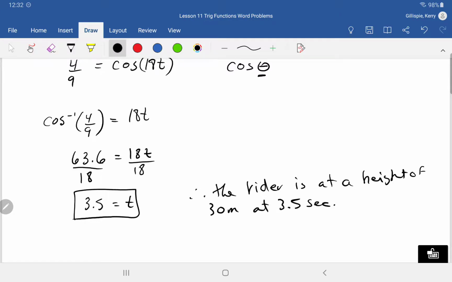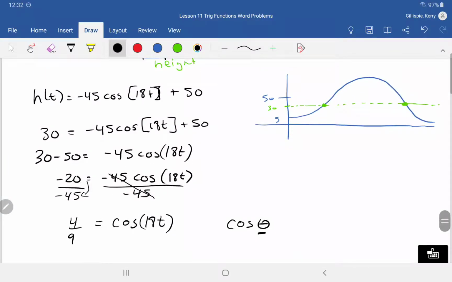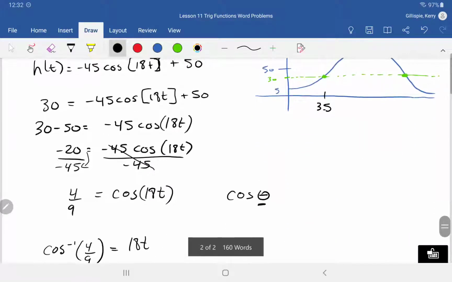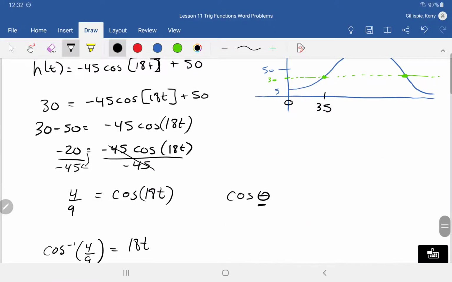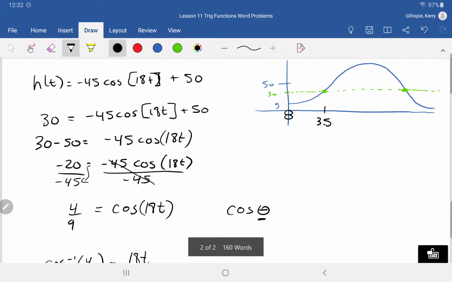All right, that's not quite the only answer. Remember, we talked about the fact that there's going to be a second answer. So this was 3.5 seconds from time 0. Remember at time 20 seconds, they were back to 0. And sinusoidal functions, cosine and sine functions, are always symmetrical.